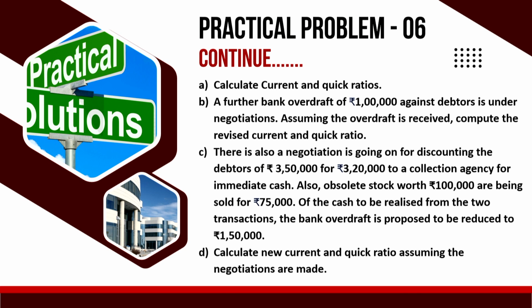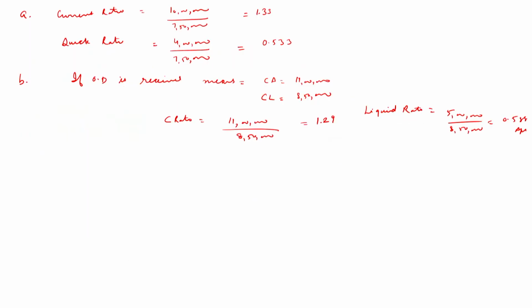So we have to compute once again the revised current assets in the third part. Out of inventory, 1 lakh has to be reduced because that is obsolete, but 75,000 has been recovered.